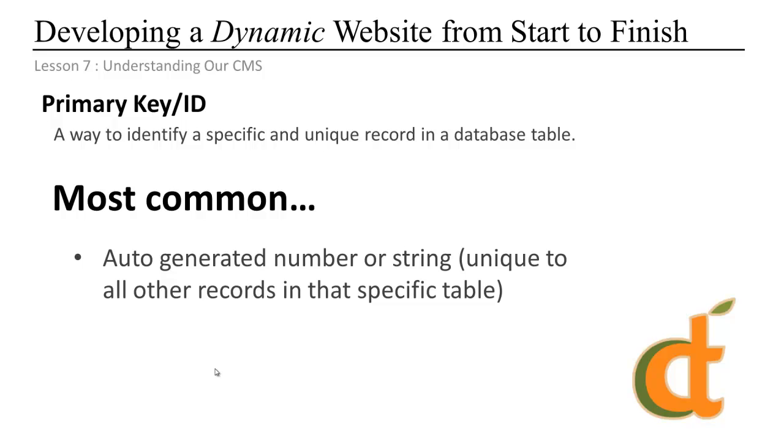If I put a new record into the database and we have it set up correctly, it will give it a primary key of 1, and then the next one will automatically be 2 and 3 and 4 and so on, and it continues on like that, and it will never give the same number to anybody.